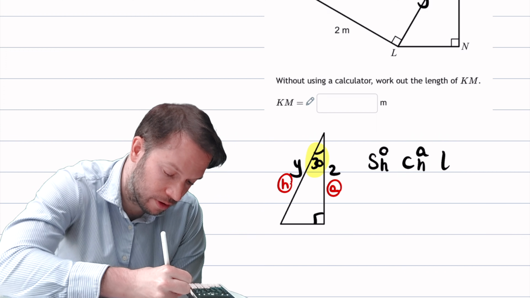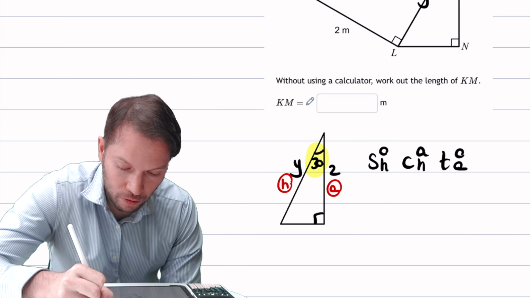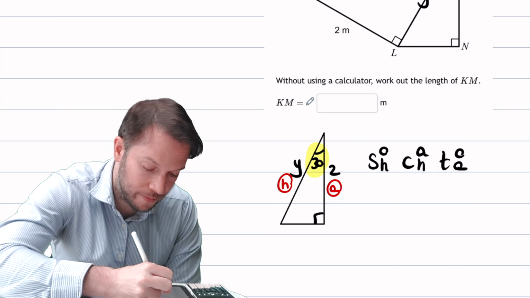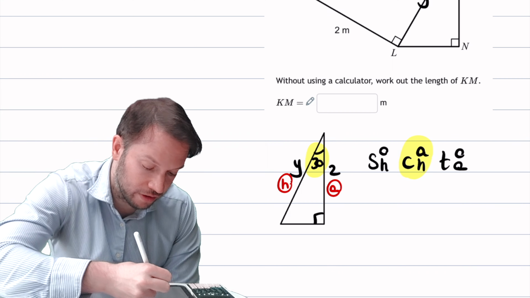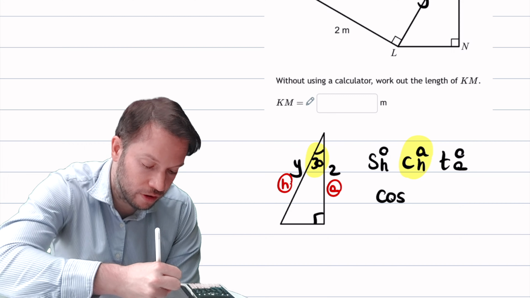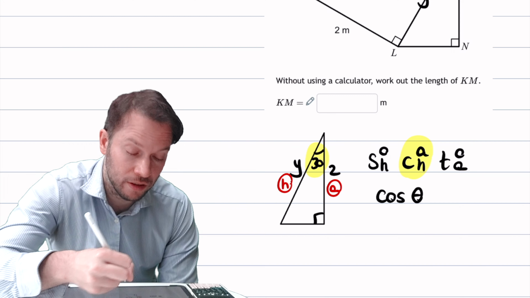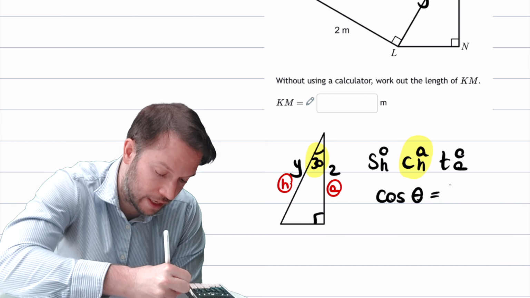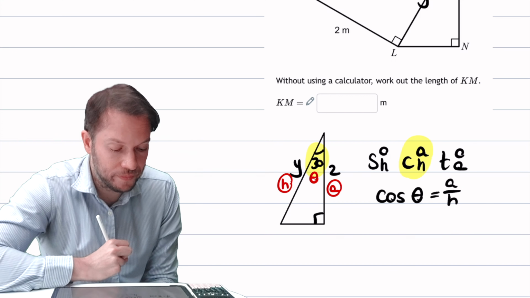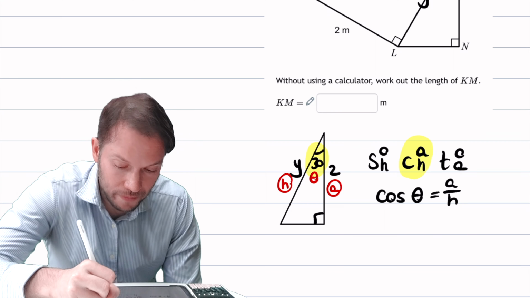So SOHCAHTOA is the mnemonic. We're involving A and H, so it's this one here. So we're going to use cos. C stands for cos. We saw how to do this in a previous video. So cos of the angle of interest, theta, is equal to A over H. The angle of interest is here, that's the theta, right? So let's just substitute into that.